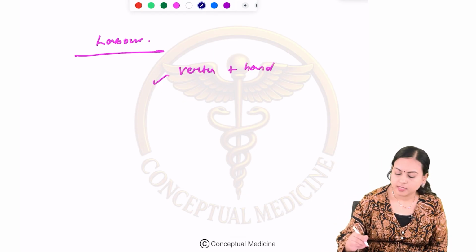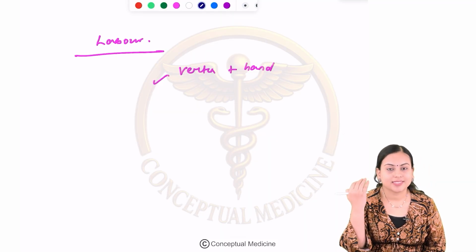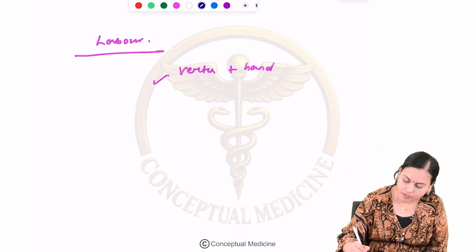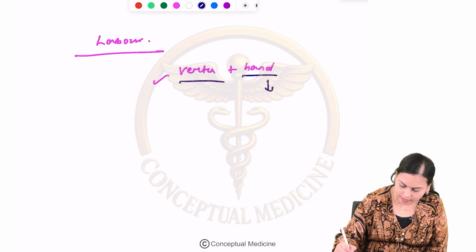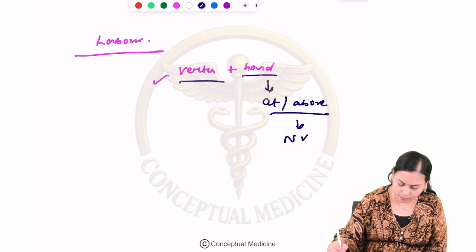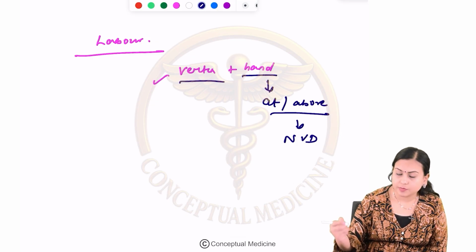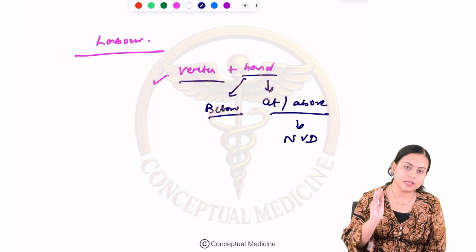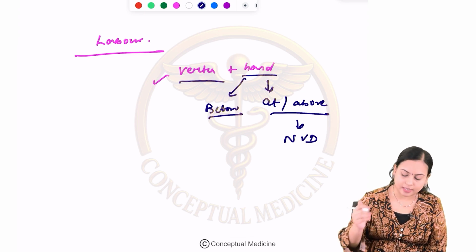Suppose the hand is presenting at the level of vertex or above the level of vertex, then you can attempt a normal delivery. Okay, so if the hand is at or above the level of vertex, then you can try for a normal vaginal delivery.